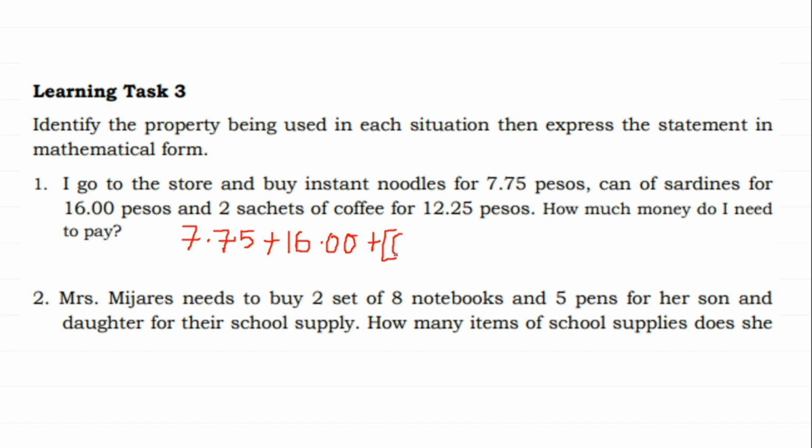And we need to multiply yung 2 kay 12.25. Tama kasi dalawang sachet ng kape. So, ibig sabihin, we have there the groupings of our multiplication, and that is equal to what? 12.25 multiplied to 2, that will give us 24.50.